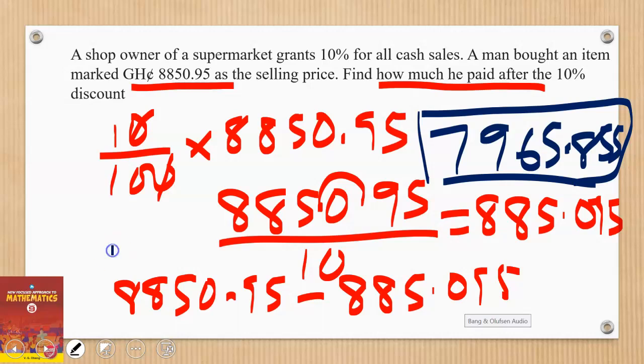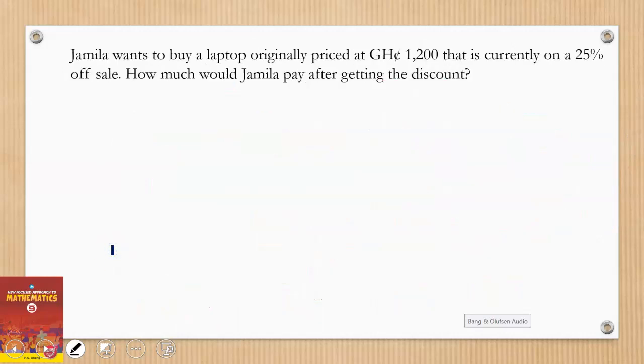Right. Let's take another example. Jamila wants to buy a laptop originally priced at 1,200 that is currently on a 25% off sale. How much would Jamila pay after getting this discount?